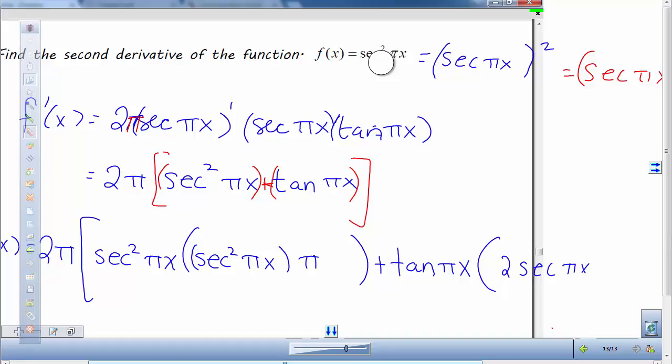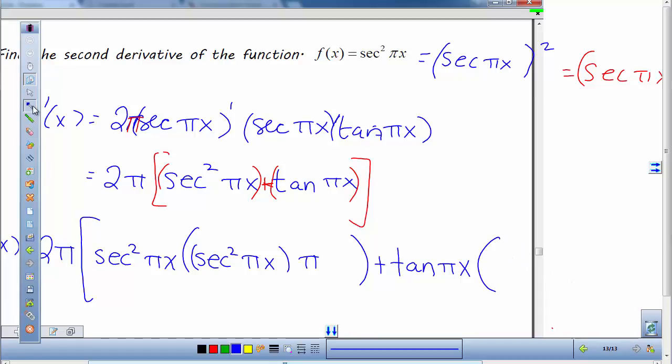We could go through all these steps again, write all of this out, and then eventually simplify it down to this. But we decided to try to be smart. That was very, very smart. So we get 2 pi secant squared pi x times tangent pi x, from the previous work.